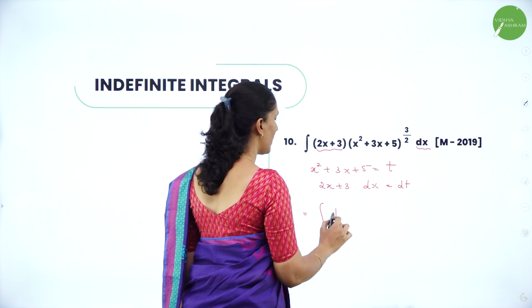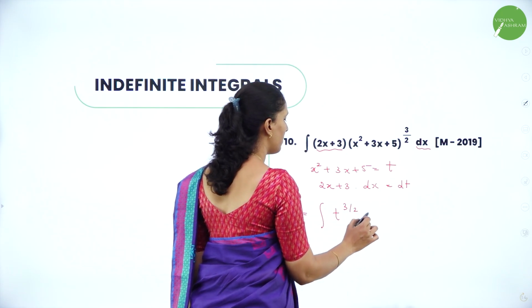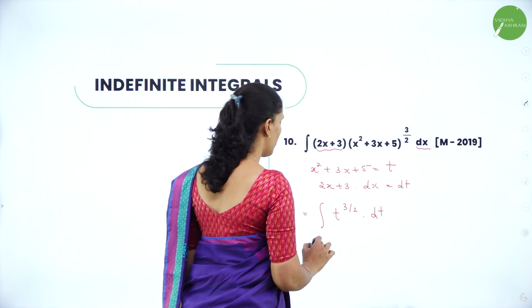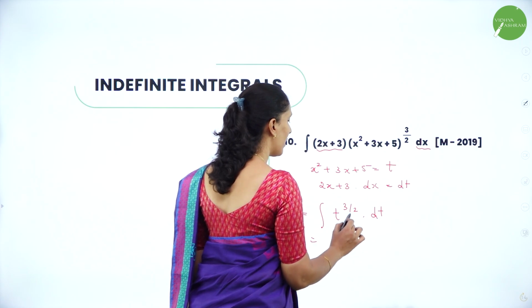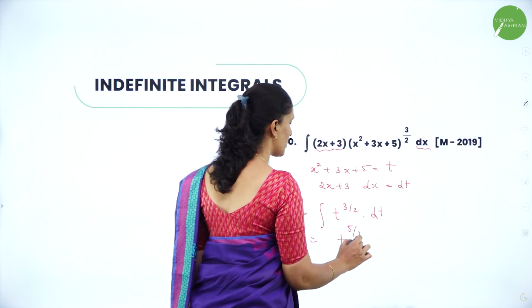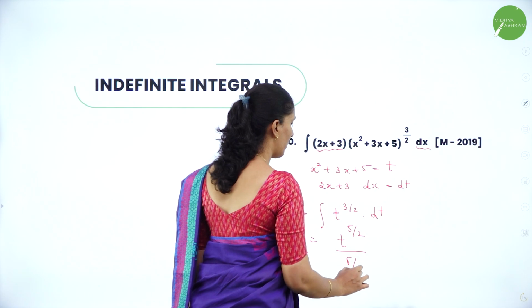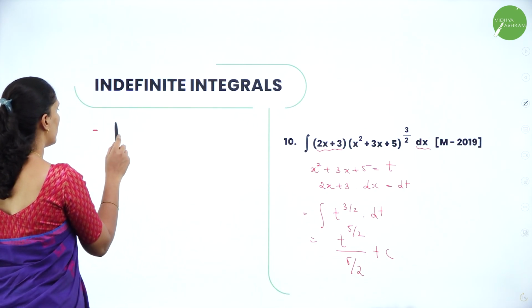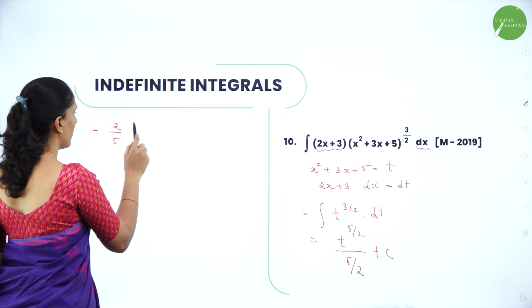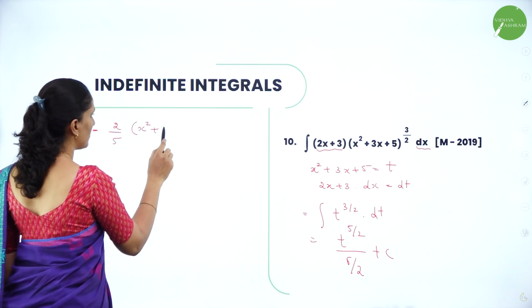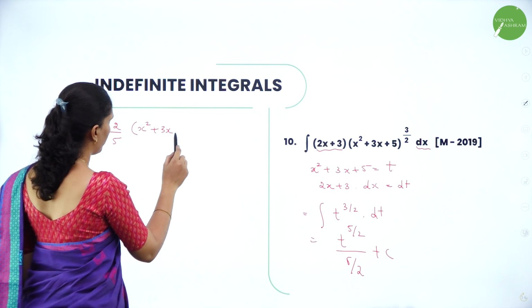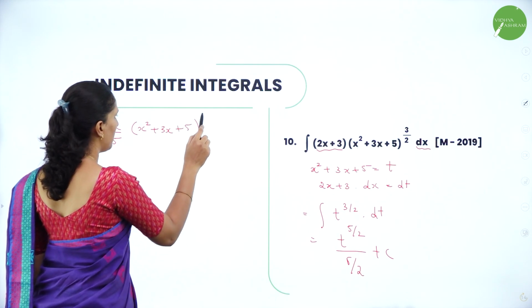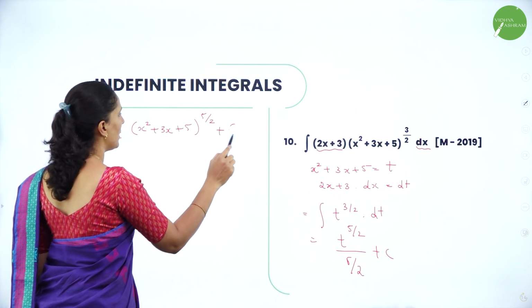So therefore this becomes t to the power 3 by 2 dt, which becomes t to the power 3 by 2 plus 1, which is 5 by 2, plus c. Or we can write this as 2 by 5 times x square plus 3x plus 5 to the power 5 by 2 plus c.